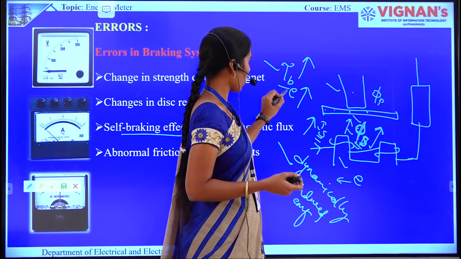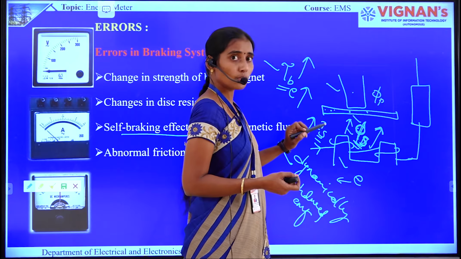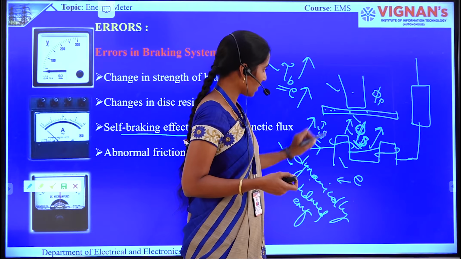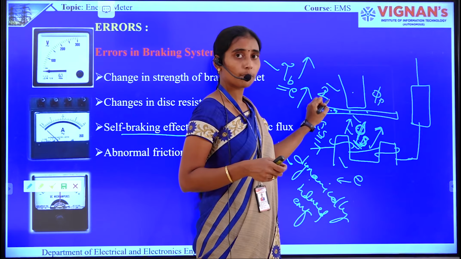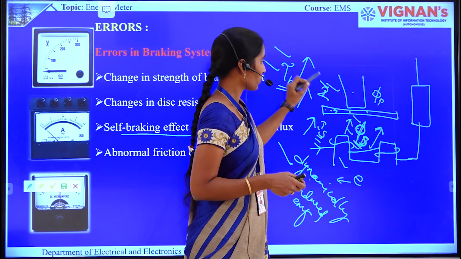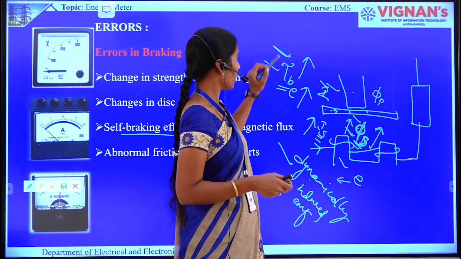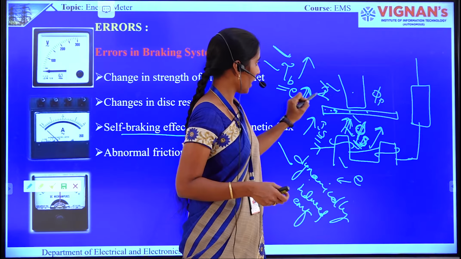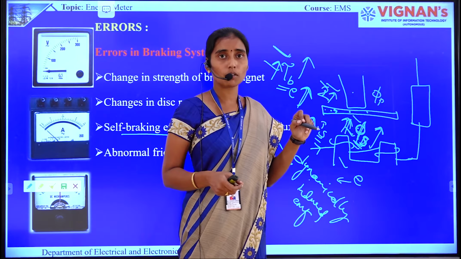Clear? This braking torque is due to the interaction of this flux phi s with the eddy current produced in the aluminum disc. The dynamically induced EMF is induced in the aluminum disc, which in turn circulates an eddy current. So braking torque is due to the interaction of this eddy current with the flux phi s. Because of that you are developing an eddy braking torque. Since this flux is more, your EMF will be more, hence your eddy current will be more, and your braking torque will be more.